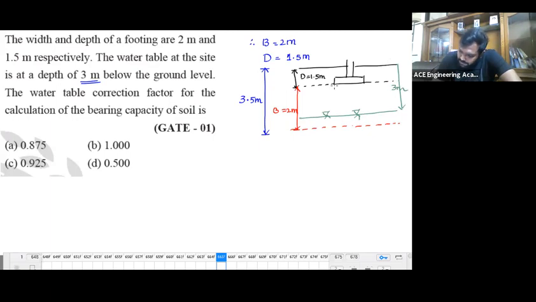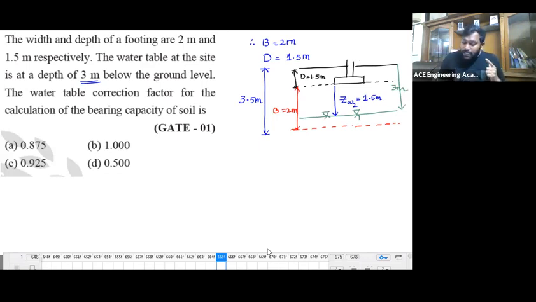So can you please tell me what is ZW? Is it 3 meters? If this is 1.5, then ZW is also going to be 1.5. Yes or no? I told you clearly. So ZW1 is maximum D only. That I cannot do anything. What is ZW1? It's simply 1. I don't need to do any correction.